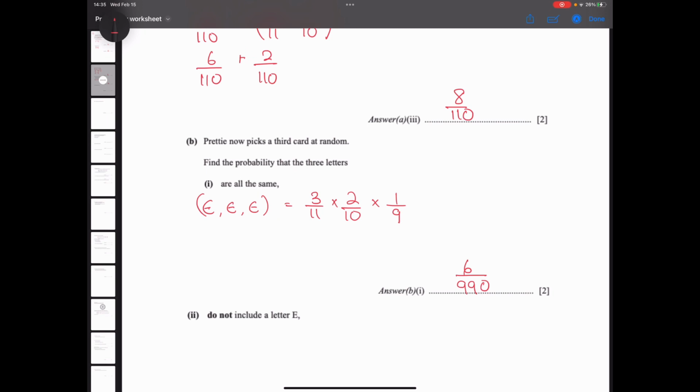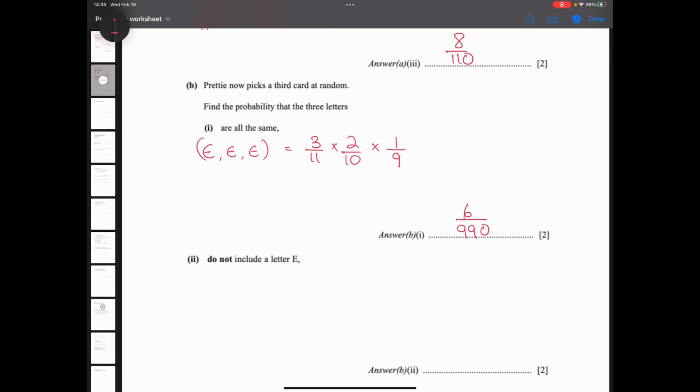That's totally fine. The next question: do not include the letter E. Some of you might think that 1 minus the previous answer would give you the wanted answer here. But no, do not include the letter E means that the first is not E, the second is not E, and the third is not E. If we have 11 total and 3 of them are E's, then 11 minus 3 is 8.